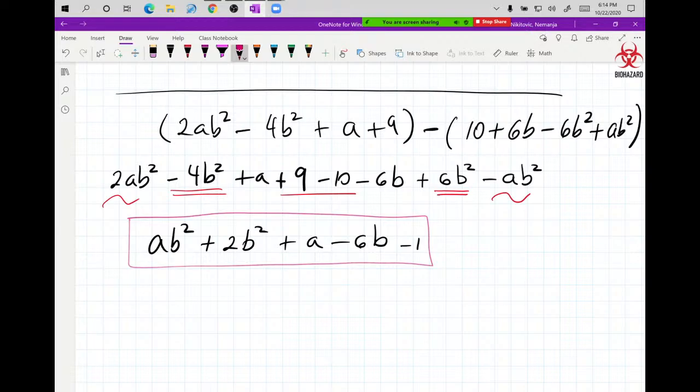So we learned that the term consists of a variable part and a constant part, the number part, and they're put together using multiplication or division. And then the terms are separated by addition and subtraction.